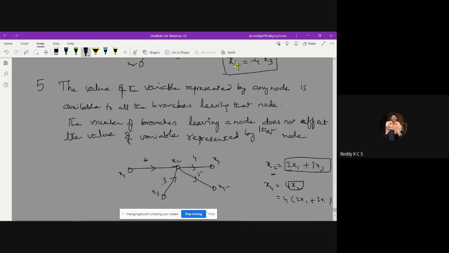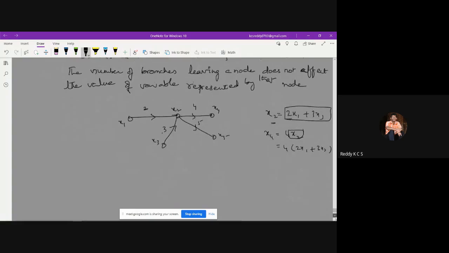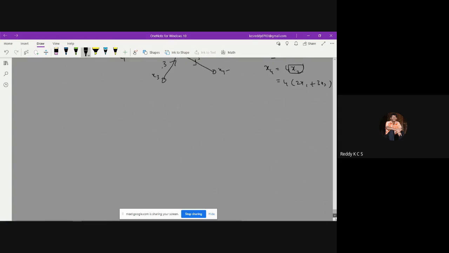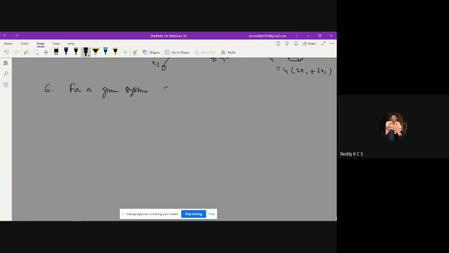And the last property of signal flow graph is the sixth point. For a given system, the SFG is not unique.